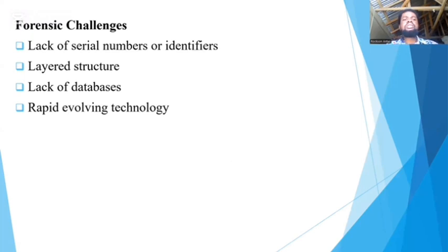And also some forensic challenges that are mostly encountered are the lack of serial numbers or identifiers, and also the layered structure, how complex it is, and also lack of databases which allows forensic investigators to compare known samples to unknown samples.